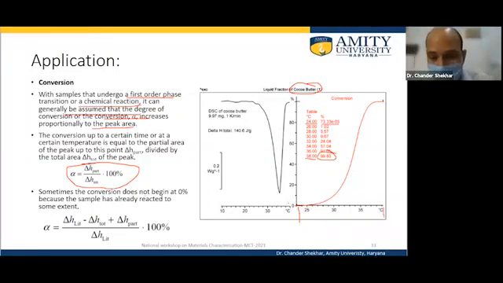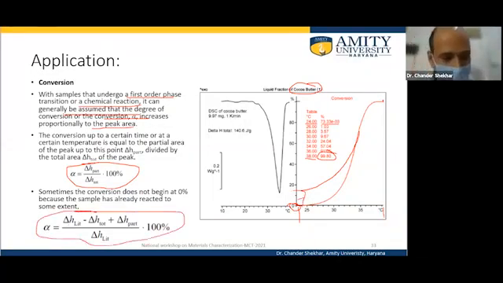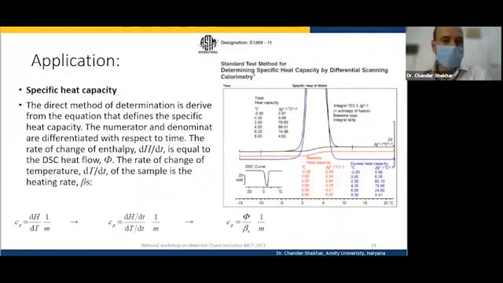In this case the starting point is 0, but sometimes it may not start at 0. To accommodate this, there is another mathematical relation that takes the delta H from the literature for the total and partial, and then it converts.